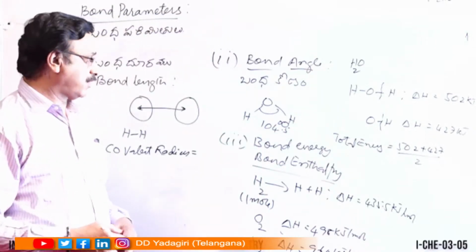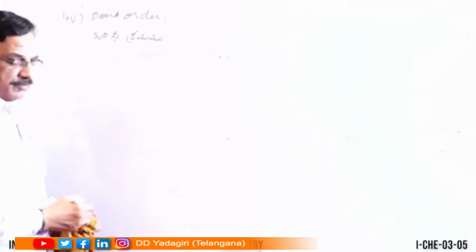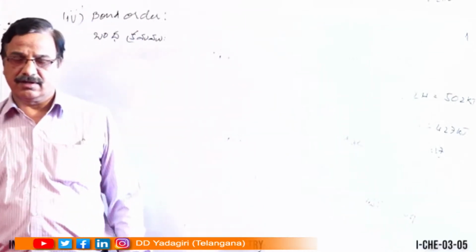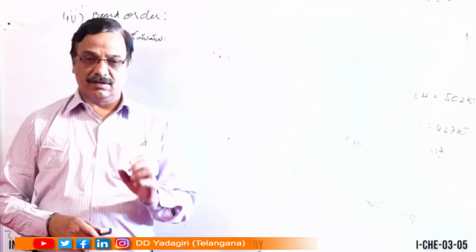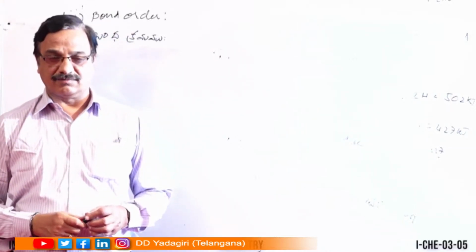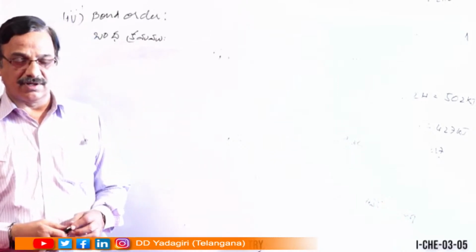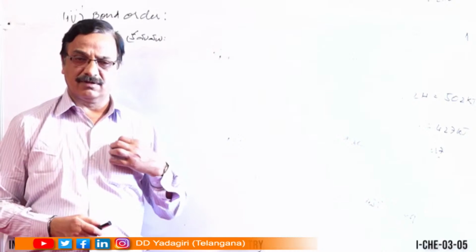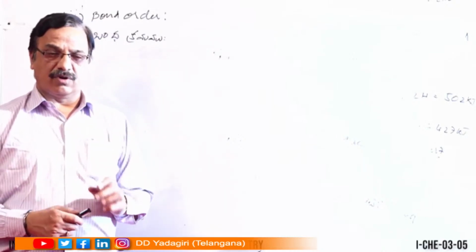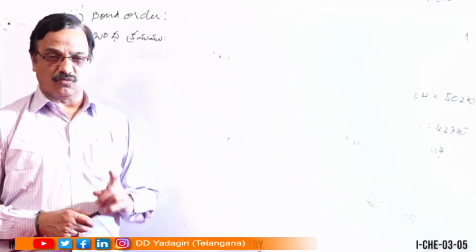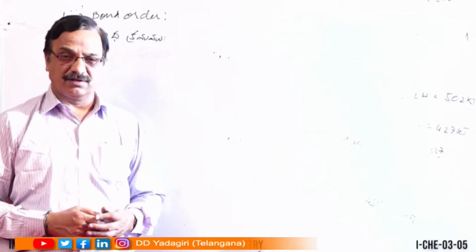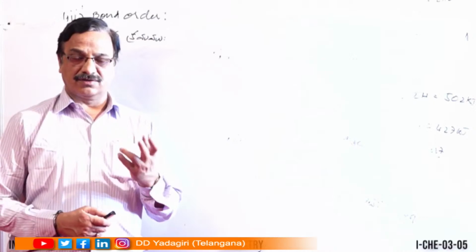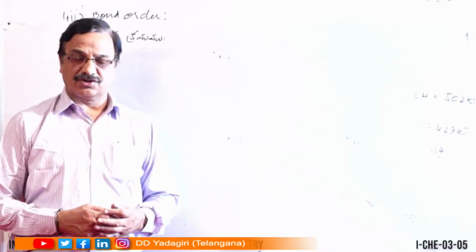దెన్ బంధ క్రమం, బాండ్ ఆర్డర్ మీన్స్ it is the number of bonds between the atoms, right? For example, the hydrogen molecule only one bond is there, so bond order is 1. In the case of the oxygen, 2 bonds are there, so the bond order is 2.